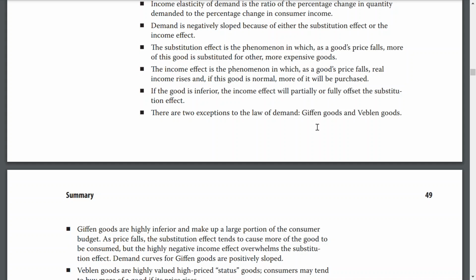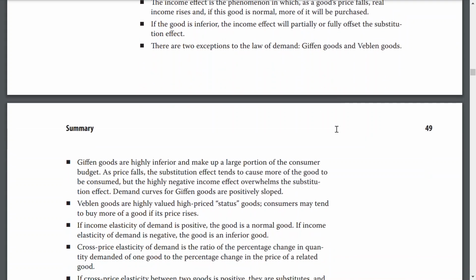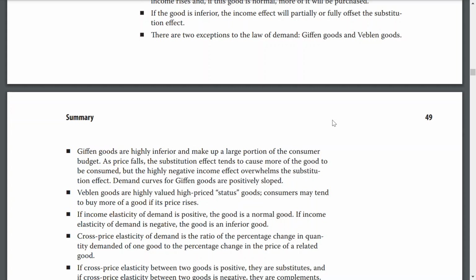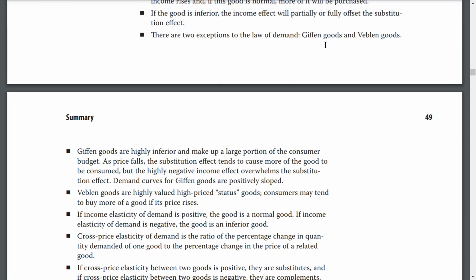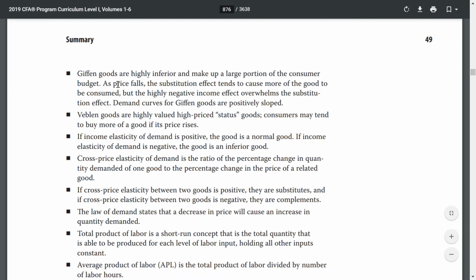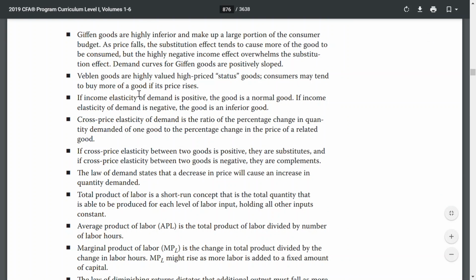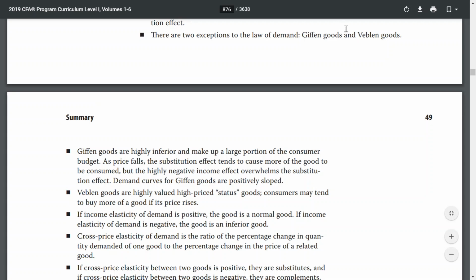There are two exceptions to the law of demand: Giffen goods and Veblen goods. Giffen goods are highly inferior and make up a large portion of the consumer budget.